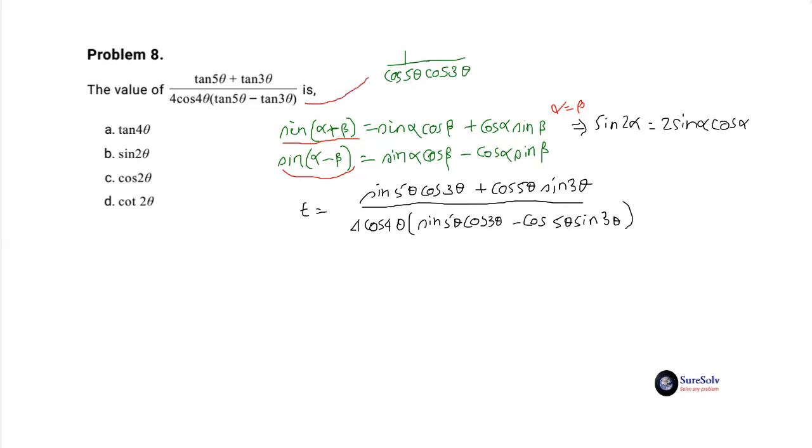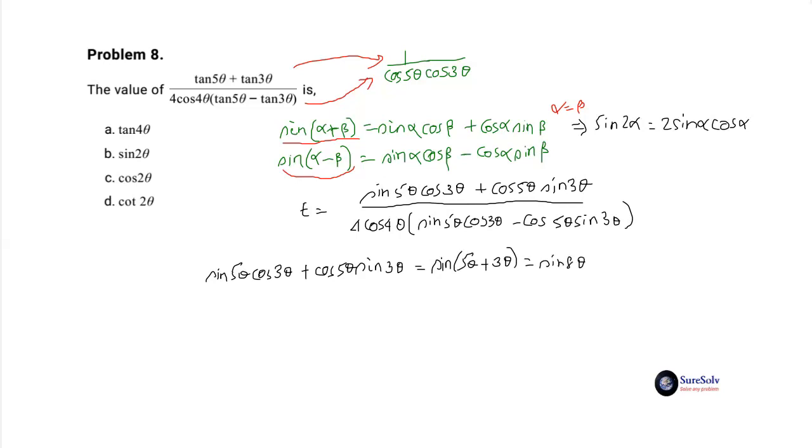Observe that 1 by cos 5 theta cos 3 theta cancels out between numerator and denominator. Using the first compound angle relation we have just jotted down, the numerator becomes sin 5 theta cos 3 theta plus cos 5 theta sin 3 theta equal to sin 5 theta plus 3 theta equal to sin 8 theta.